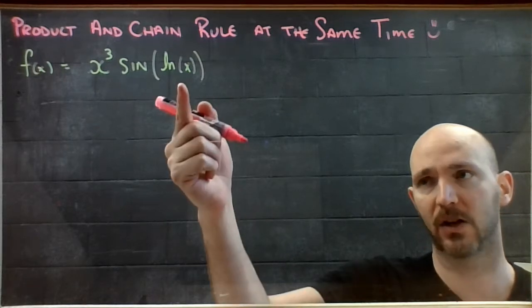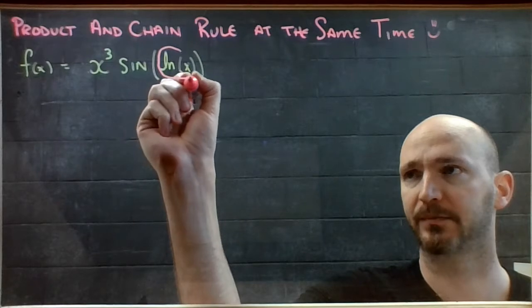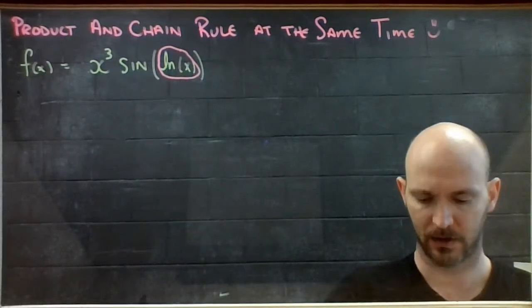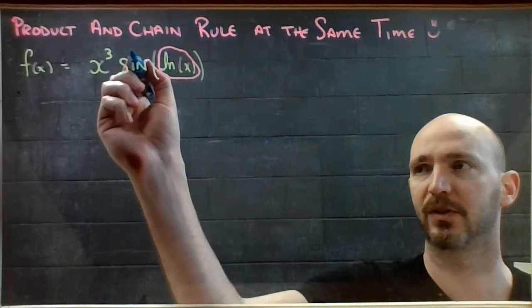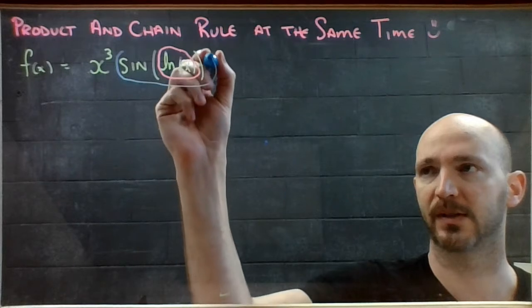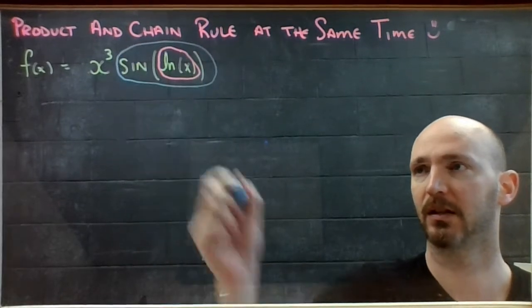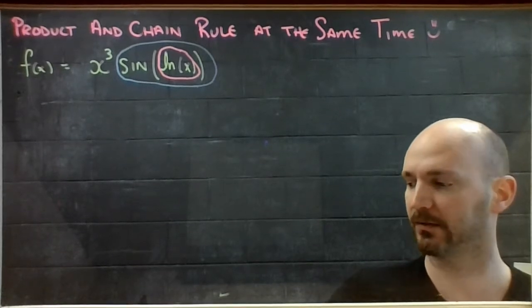So I see a ln x there, and I'm going to just draw a little circle around that. And then I'm going to try and draw a circle around this sine function, and I have to make sure I get its argument as well. So there's that. And then there's an x cubed up there that I'm going to draw a circle around.